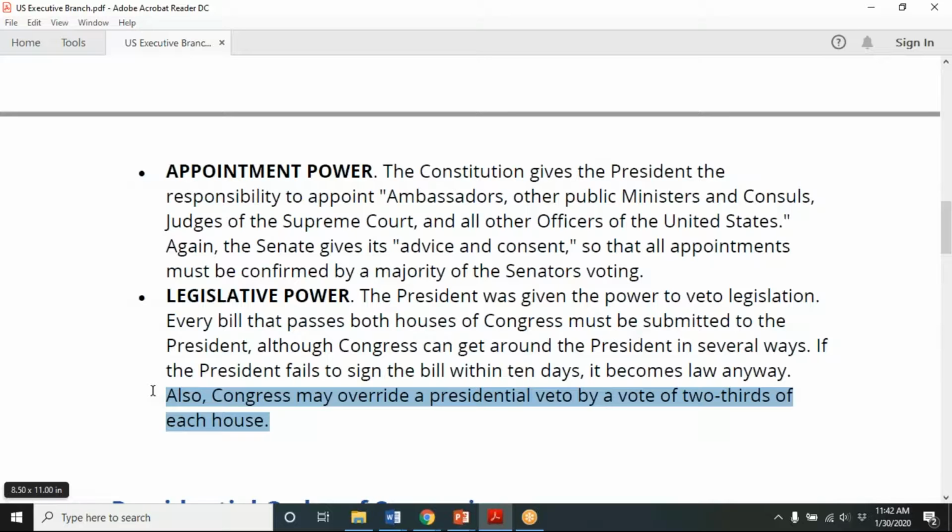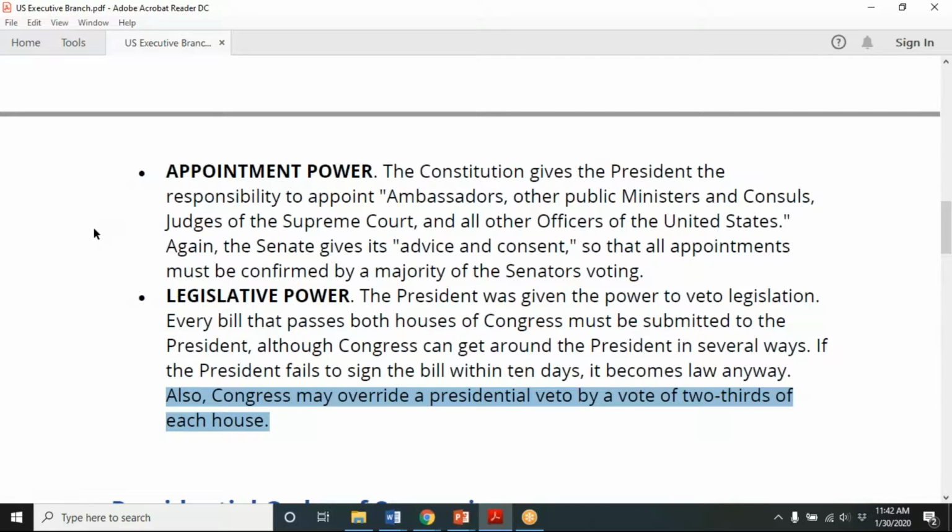The hope there is that 2/3 of the 435 House of Representatives members, or 2/3 of the 100 senators, are representing what their people back home that elected them want. And so if 2/3 of the country think this law is a good idea, then hopefully it will become law, even if the president vetoes it.